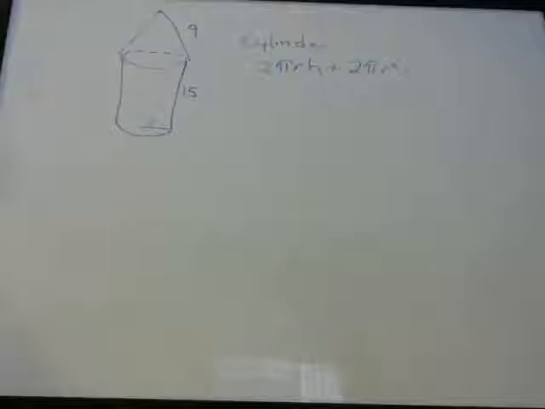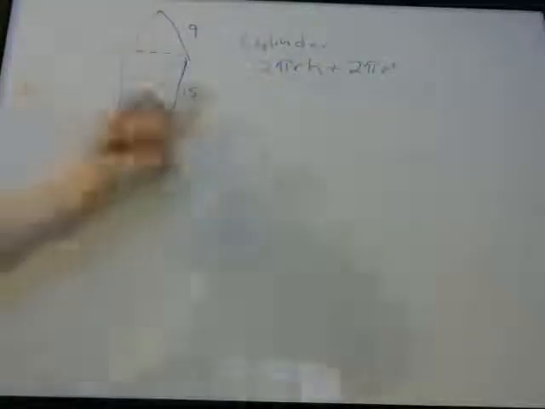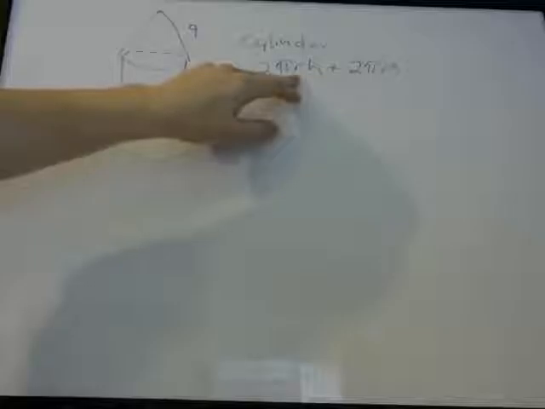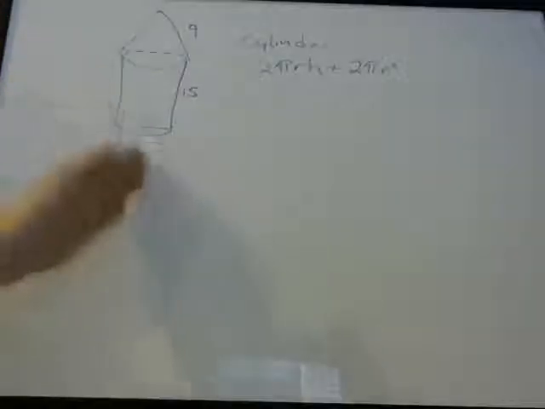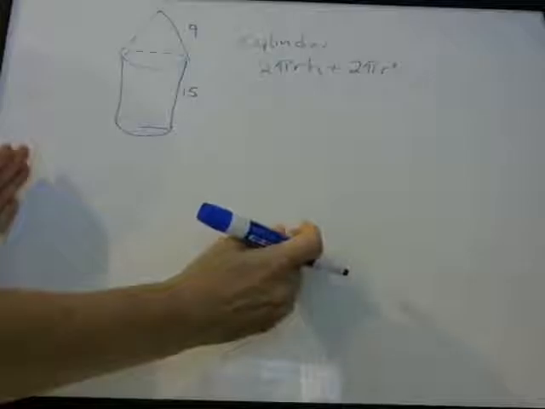Again, you need to understand what this means. So 2 pi r(h), that's giving us around the cylinder, because 2 pi r is the circumference, and then we're multiplying that by the height. If you think of a cylinder, if you would cut it and roll it out, it turns out to be a rectangle.